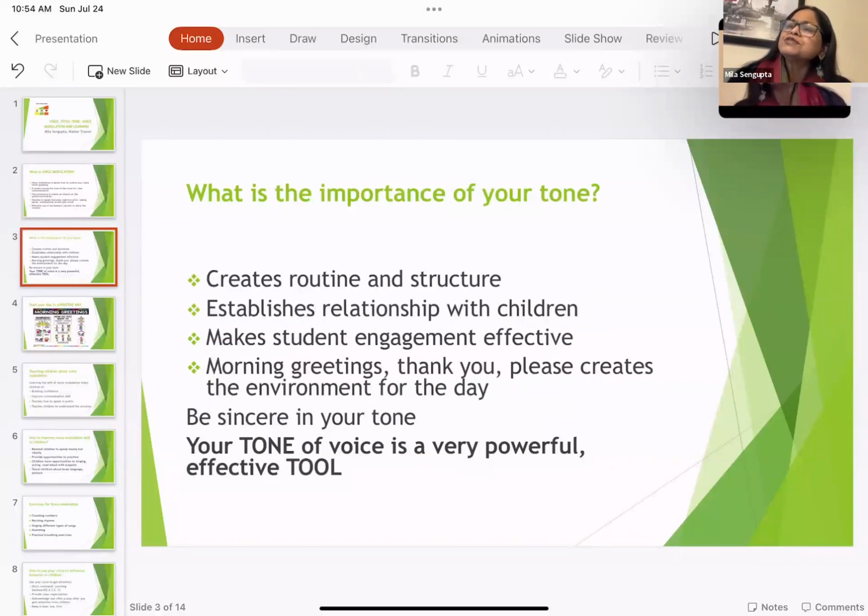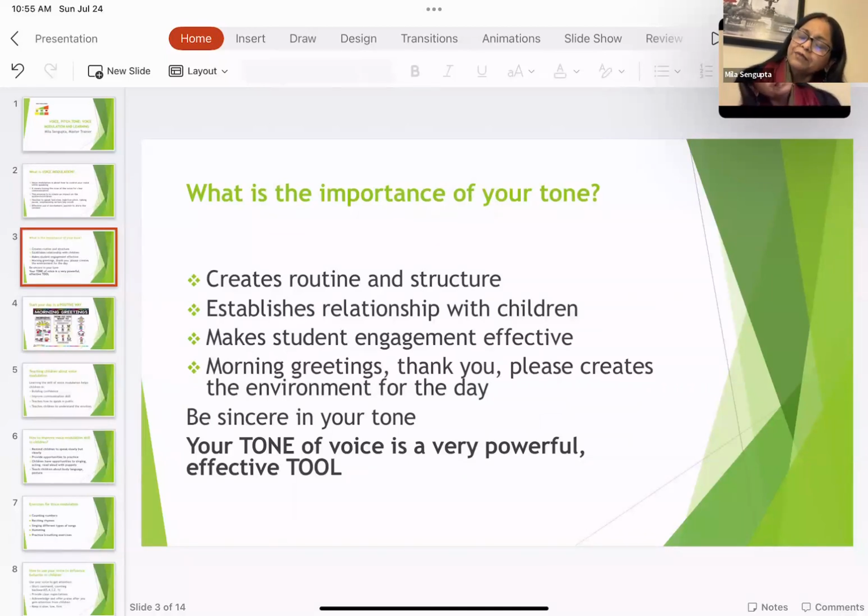What is the importance of your tone? Let us talk about what your tone does in the classroom in your everyday routine or schedule. It creates a structure and an organization in the classroom. It maintains the routine and helps you to maintain the structure.